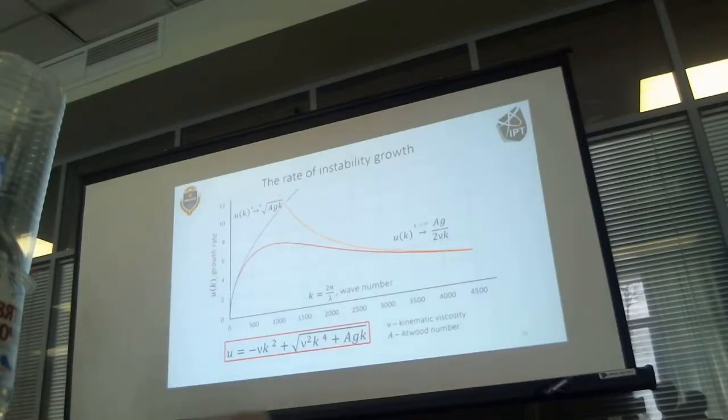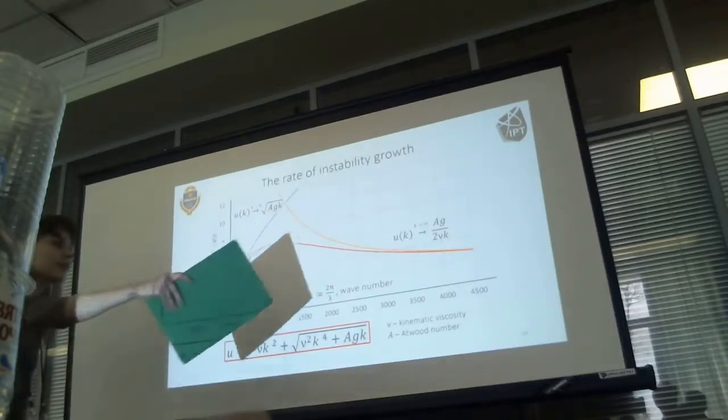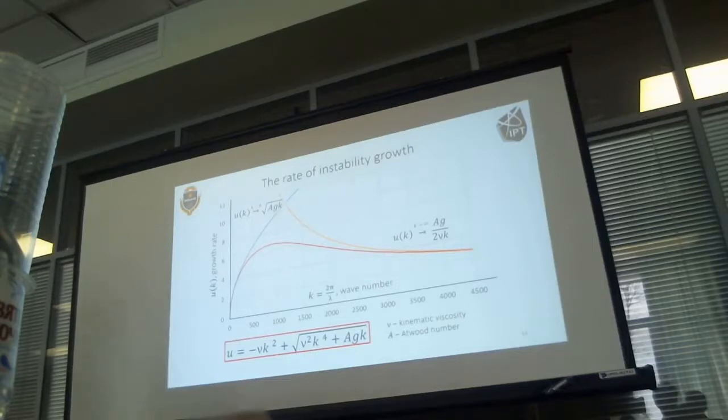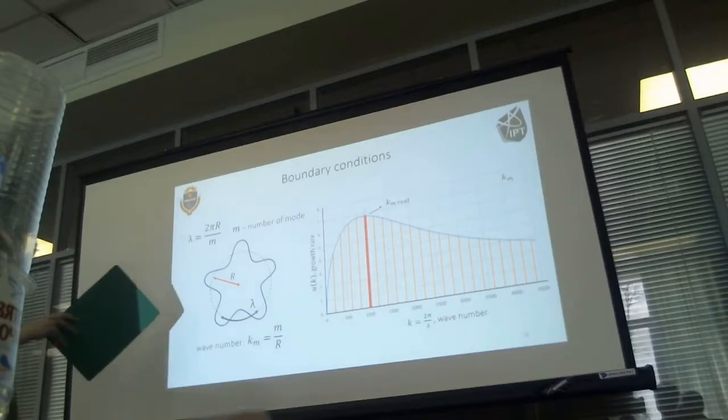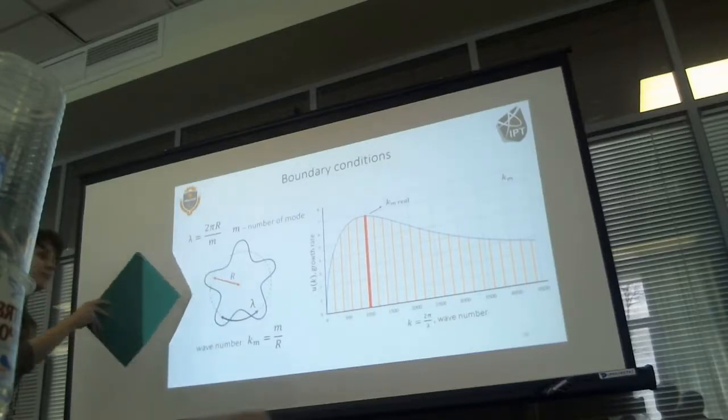For long waves, the process is governed by gravity, and for short waves, the dissipation forces are ruling the process. But we should also take into account the boundary conditions, because the perimeter of our ring should contain a whole number of waves.